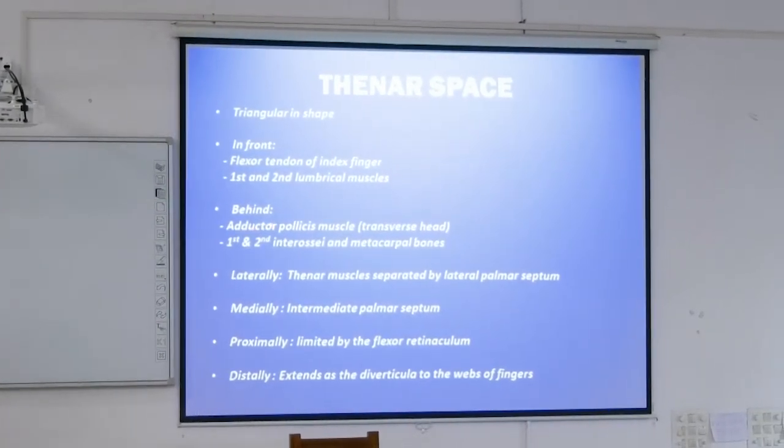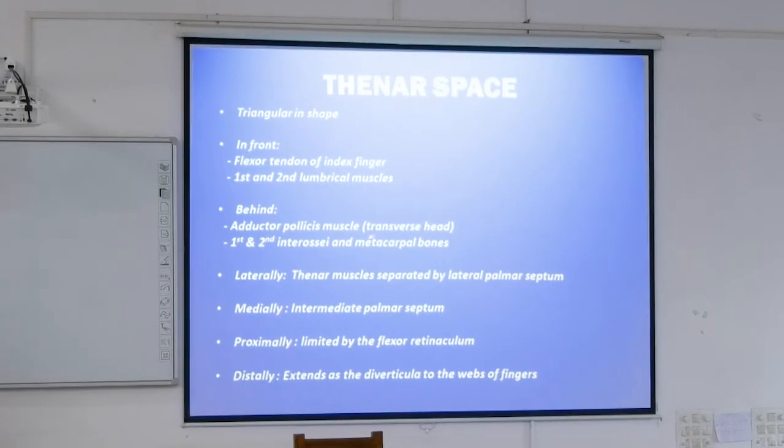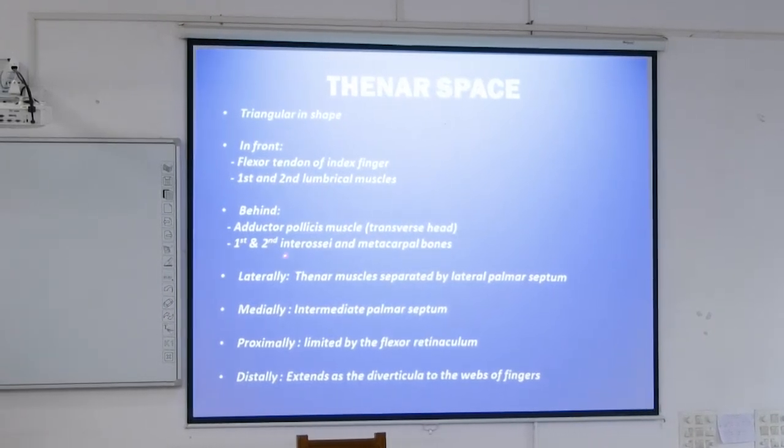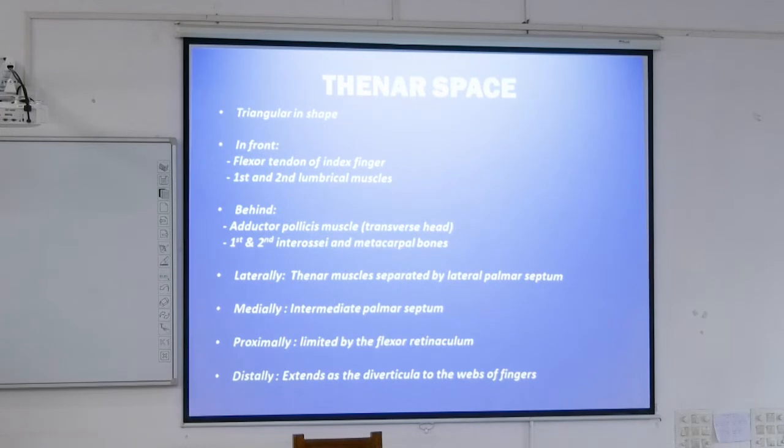Behind is the adductor pollicis muscle, transverse head, first and second interossei and metacarpal bones; laterally the thenar muscles supported by the lateral palmar septum and medially the intermediate palmar septum; proximally limited by the flexor retinaculum, distally extends as diverticula to the webs of the fingers.